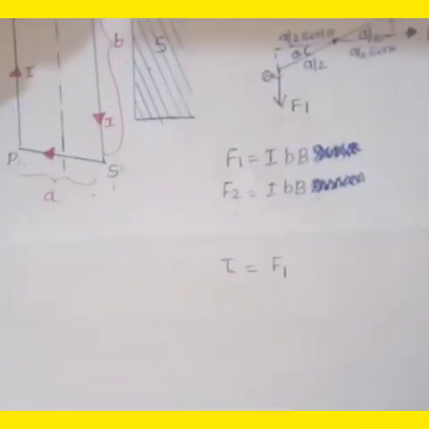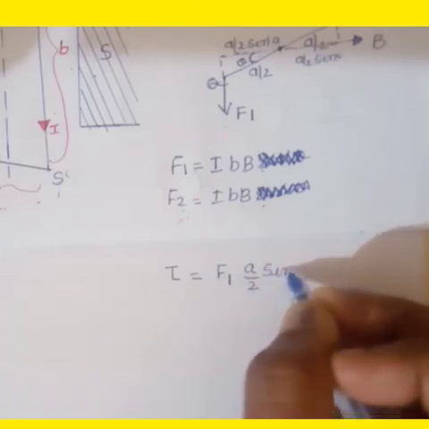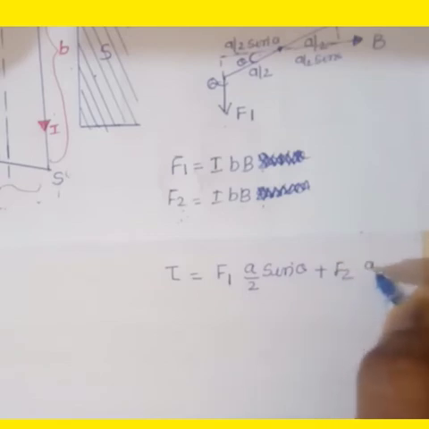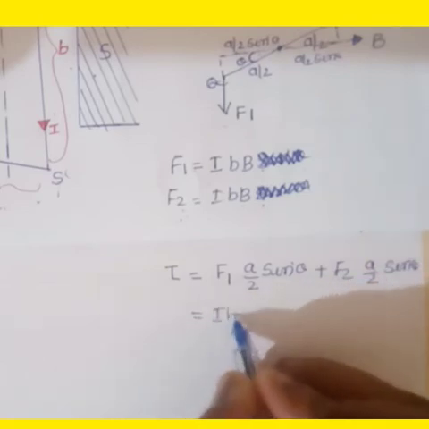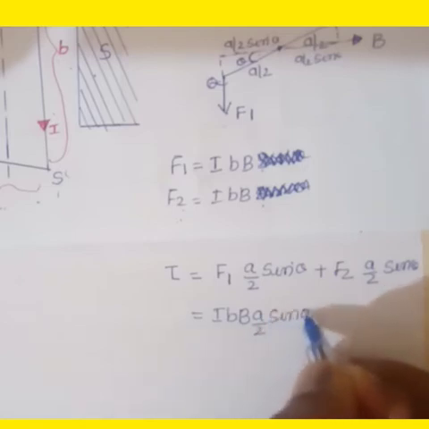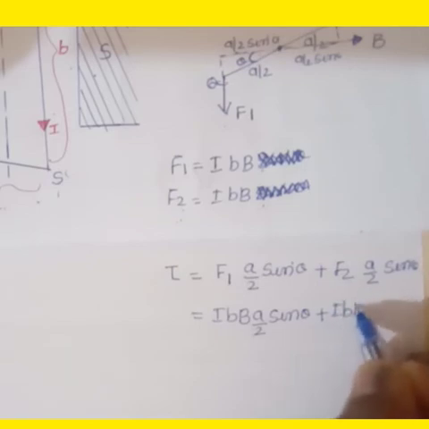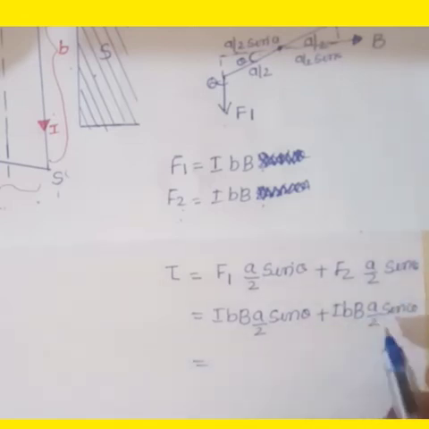So tau is equal to F1 into a by 2 sin theta plus F2 into a by 2 sin theta. Then substitute the values of F1 and F2. F1 is I B b, so I B b a by 2 sin theta, plus F2 is also I B b a by 2 sin theta. 1 by 2 plus 1 by 2 is 1.